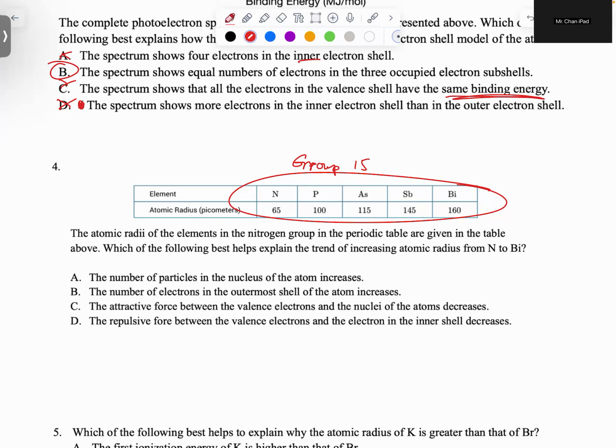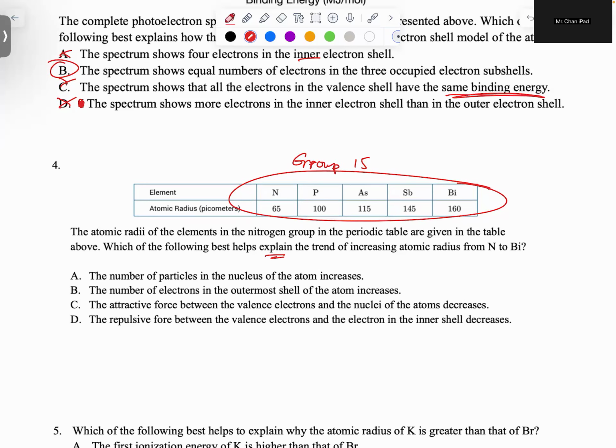Okay, now one thing that I want to make sure that you are fully aware of what's about to happen. There could be factual statements that may not help explain. I could put a statement right there that says Mr. Chan is a teacher.